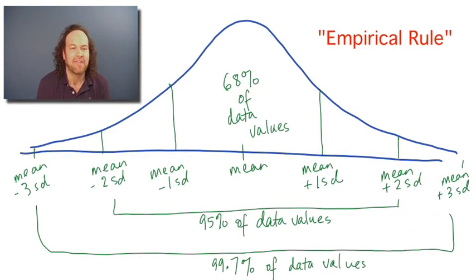As a final note, I want to mention that the central limit theorem provides an explanation for that empirical rule that Allison taught us about earlier. Remember that she said, with a lot of data, it has this neat property that about 68% of it is within one standard deviation of the mean, about 95% is within two standard deviations, and about 99.7% is within 3 standard deviations of the mean.